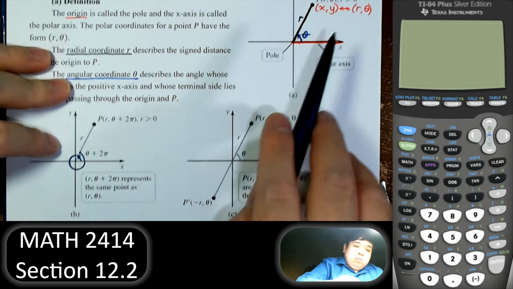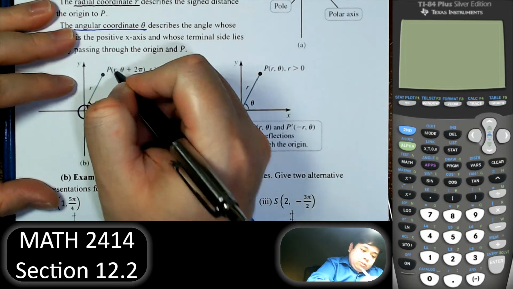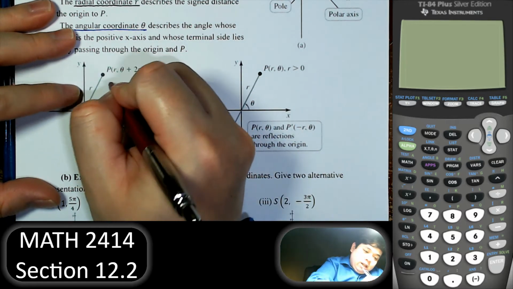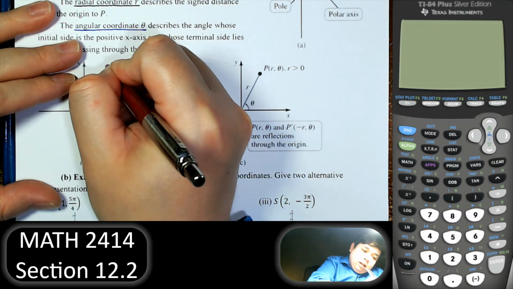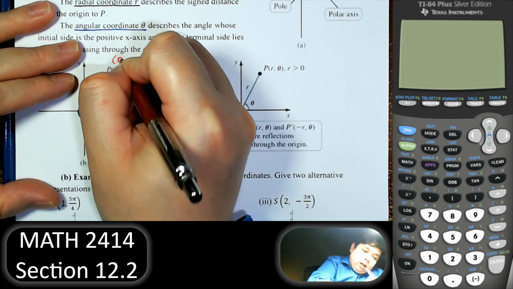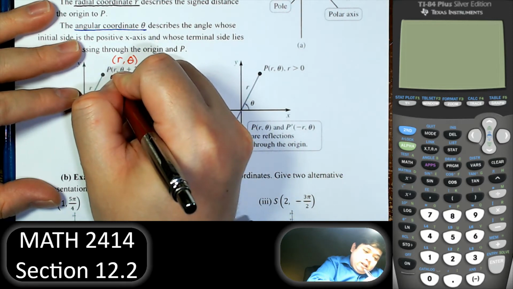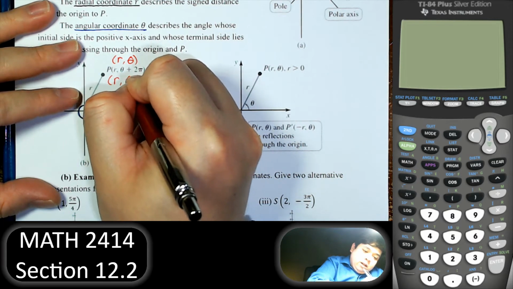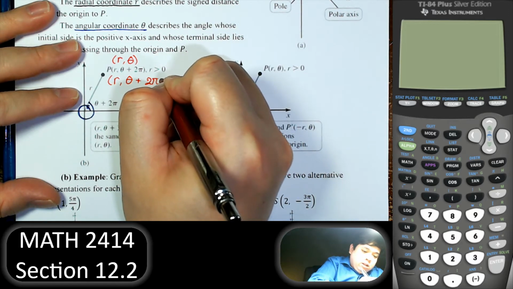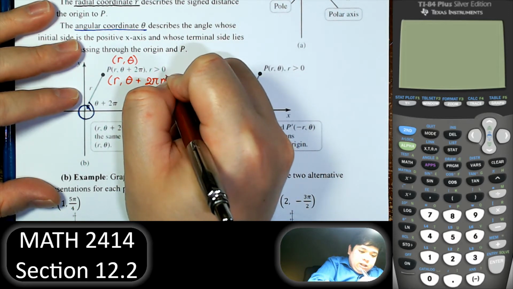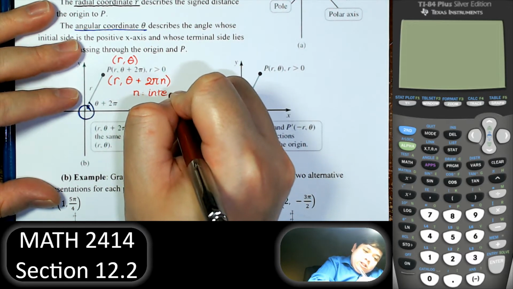So normally we have the point r and theta. It could be r and theta plus 2 pi, or in general we can say the point r and theta represents the same point as r and theta plus 2n pi, or 2 pi times n, where n is any integer.